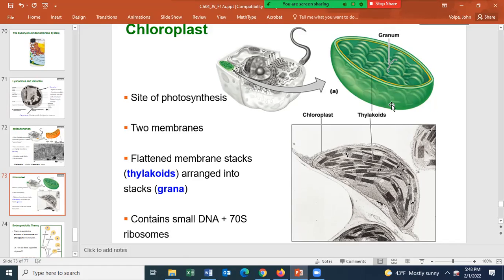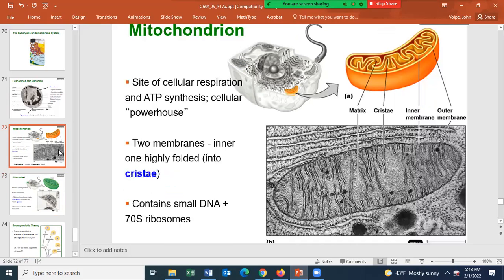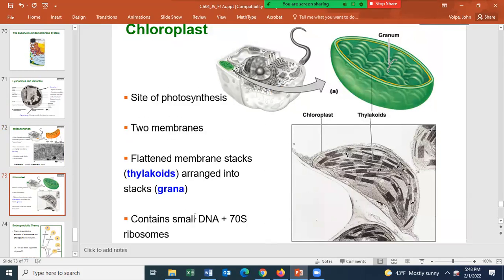Inside of the chloroplast, as well as inside of the mitochondria, you can find DNA and 70S ribosomes. Any question about any of that? All other organelles do not have DNA or 70S ribosomes.